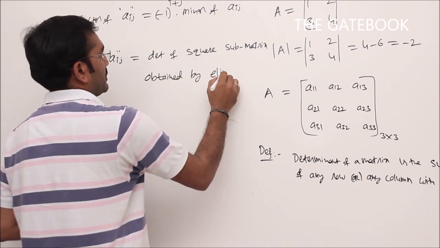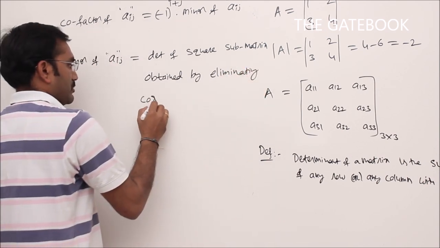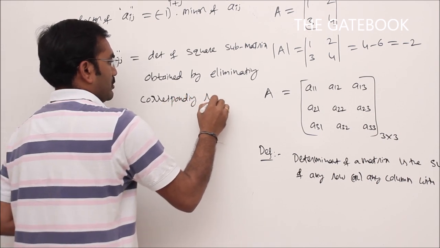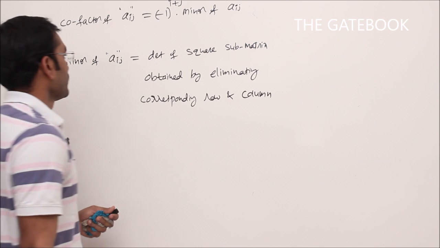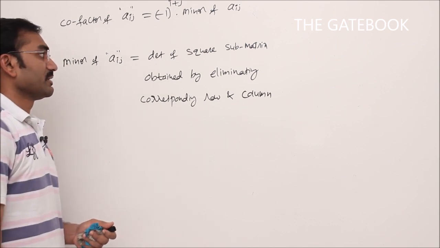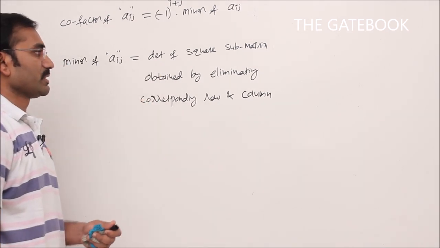That is the definition of the minor of any element. It is the det, nothing but the determinant, of the square submatrix obtained by eliminating the corresponding row and column.